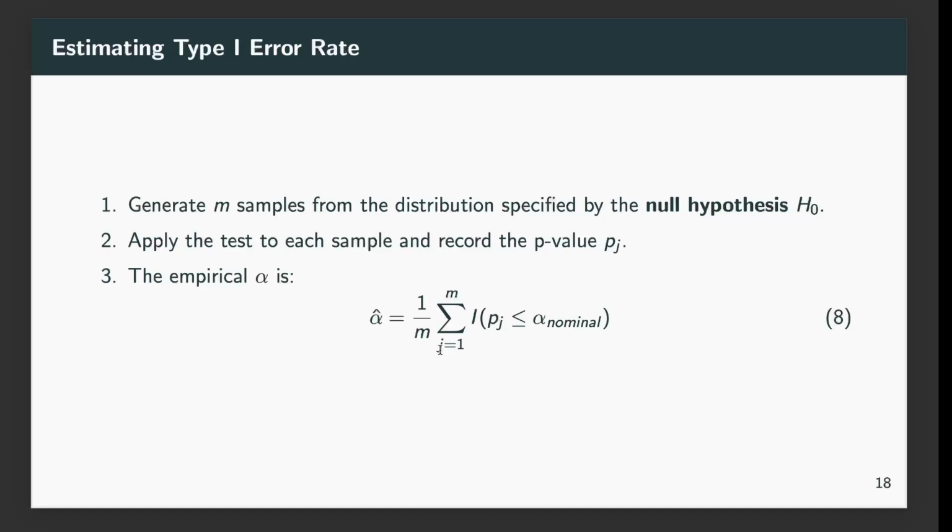This calibration check is something that every statistician should do before trusting any test, especially in a new context. So do not just assume that the test maintains its nominal level. One way of verifying it is using Monte Carlo estimation.